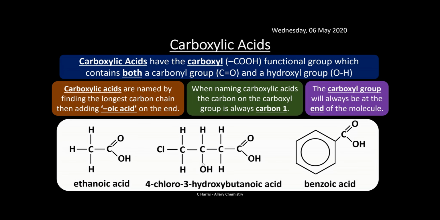Then benzoic acid is basically an arene. It's an aromatic compound. It has a benzene ring, and it has your carboxyl group on the end there. I've done videos on aromatics and benzene, so have a look at those if you're not too sure on your benzene chemistry.